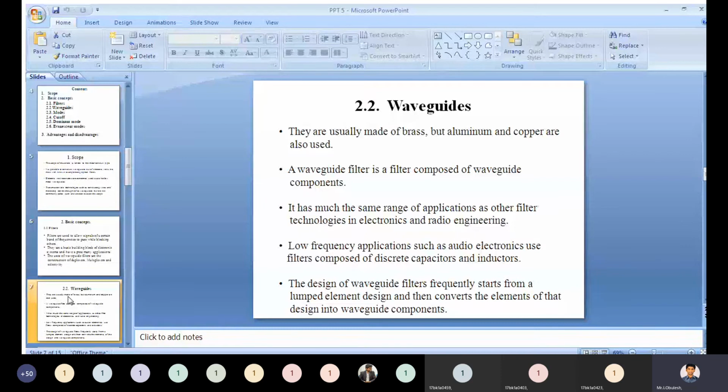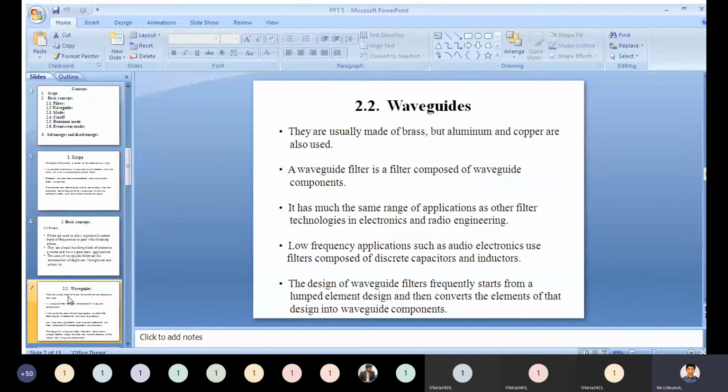Next, the second basic concept is waveguides. Waveguides are metal conduits used to confine and direct radio signals.